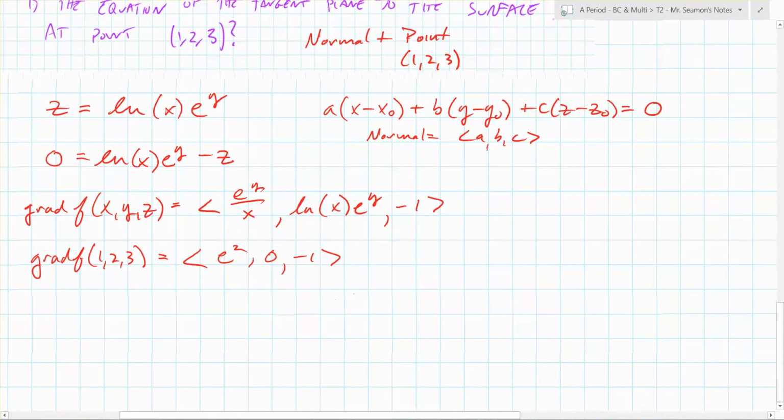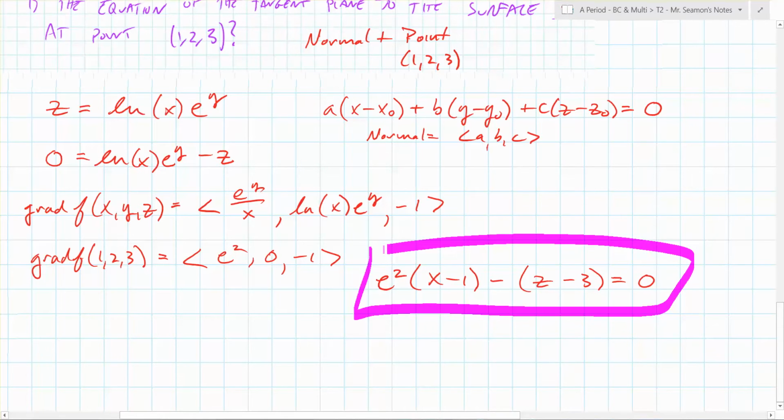So what do we end up with? E squared x minus 1 plus, oh, wait, that just goes away, right? So minus z minus 3 equals 0. Voila, done. Good job. Emily, good job remembering what the key first step is, which is subtract the z.